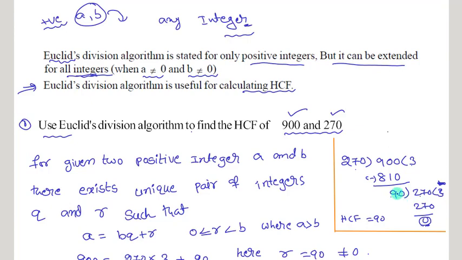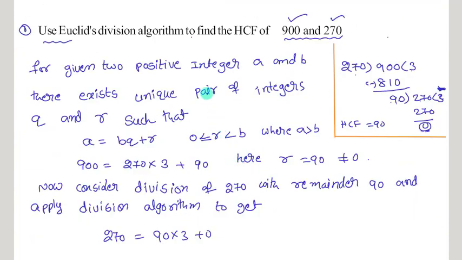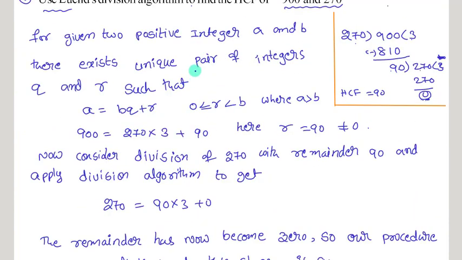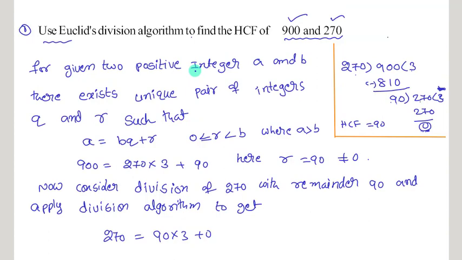The same steps written as an equation become the Euclid division algorithm. Let us observe how I did this answer. Before writing the answer, we must first write the Euclid division algorithm. What does the division algorithm mean?